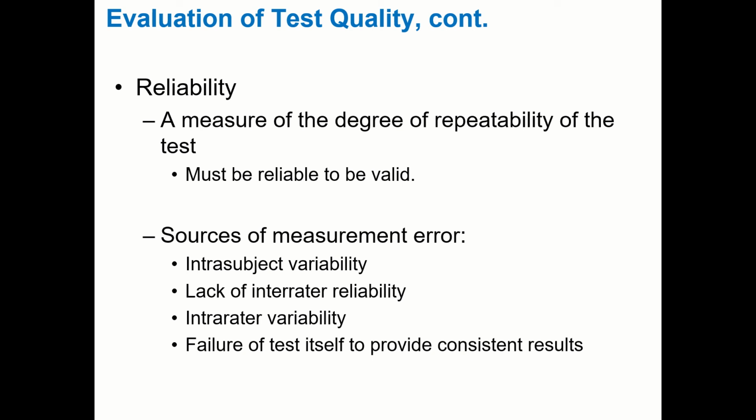Lack of intra-rater reliability. That is the same person measuring differently on different occasions. For example, if you're doing body fat testing with skin fold calipers, to do skin folds you have to be comfortable grabbing somebody's fat on their thigh, on their pec, on their tricep, on their abdomen, and you have to be able to grab it and separate it from the underlying tissue.